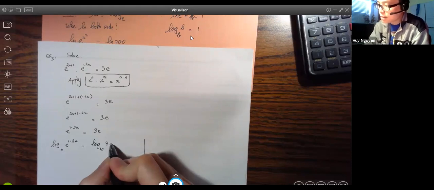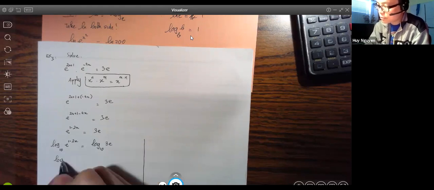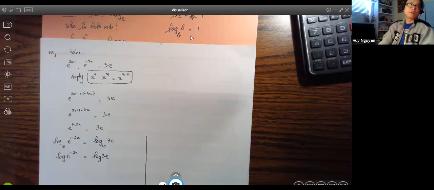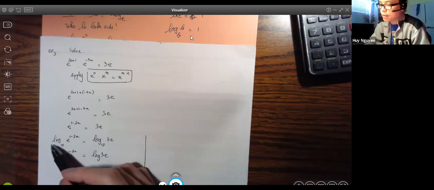Because base 10, all the time, they don't write the number 10. It's not professional writing log base 10. It's just log. So this step is the same, I just write it in a different way.